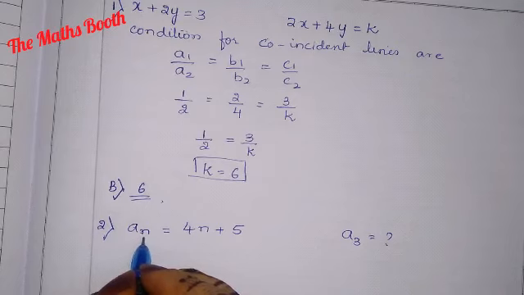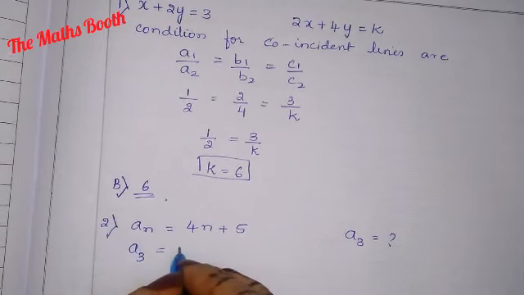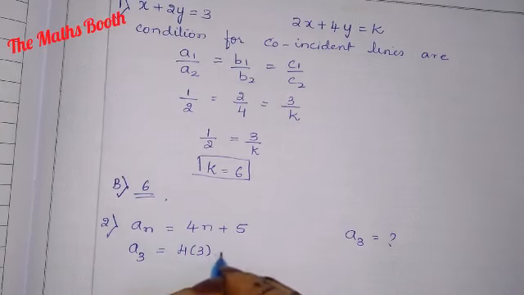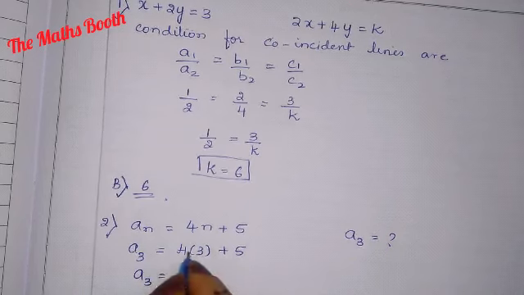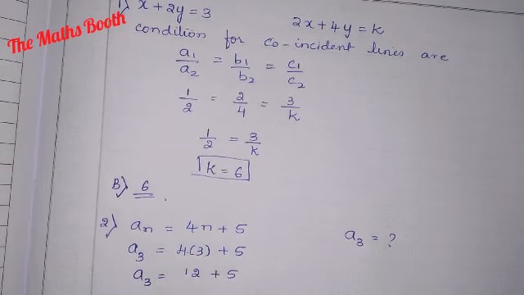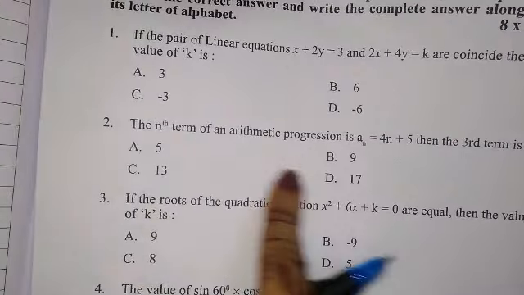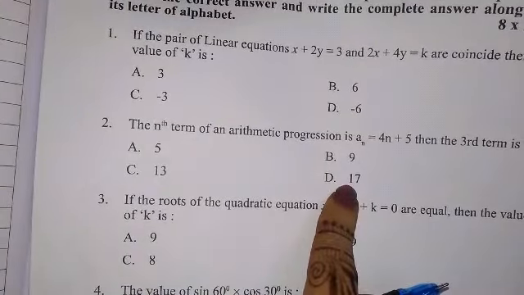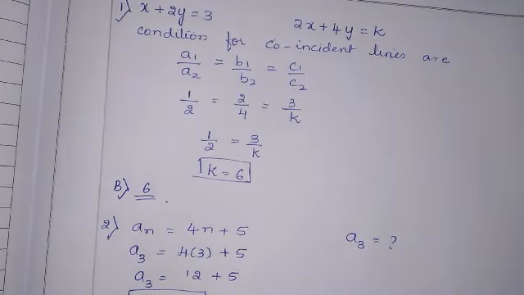In place of n, what we have to write? 3. a3 is equals to 4 into 3 plus 5. So a3 is equals to 4 3s are 12 plus 5. Third term a3 is equals to 12 plus 5 is 17. So the correct option among this is D 17. So the second answer D 17.